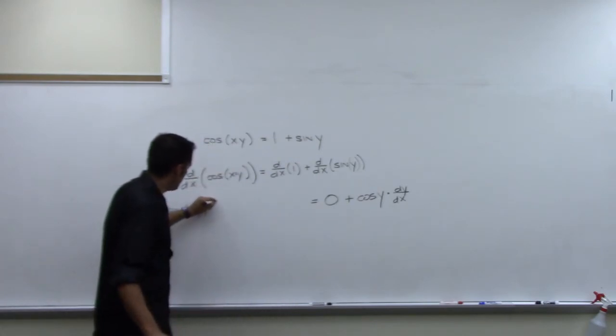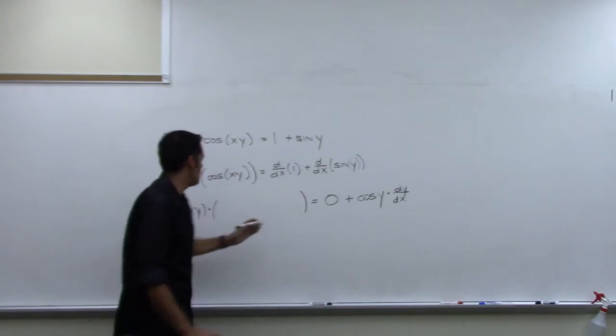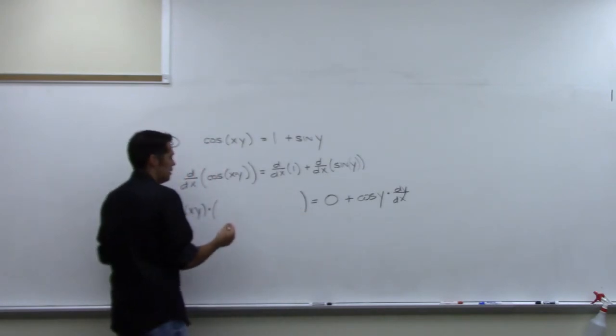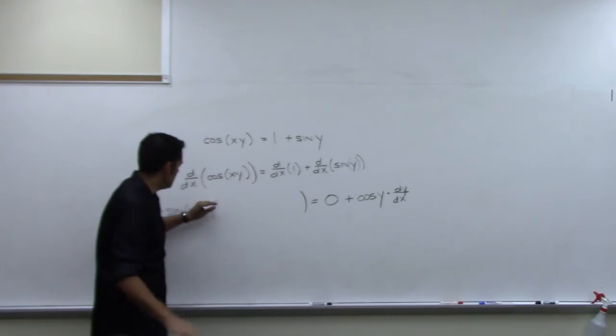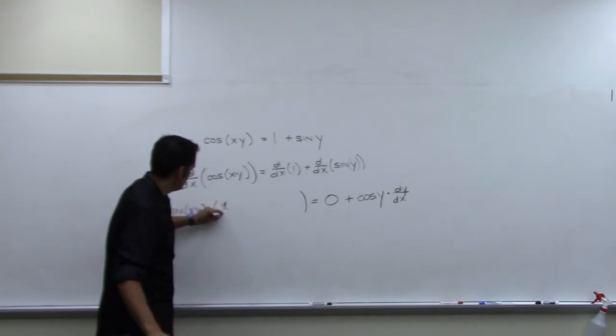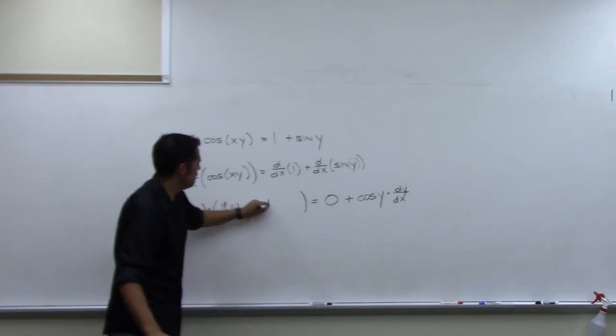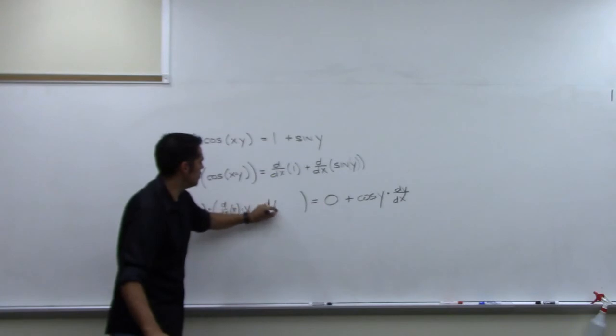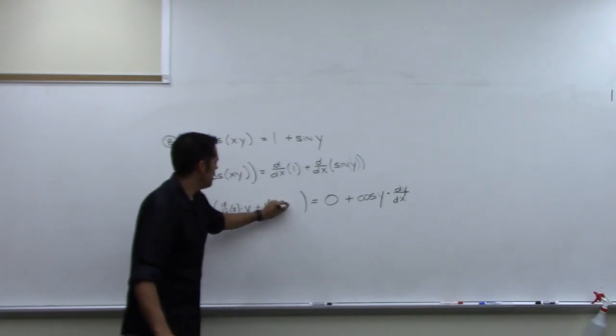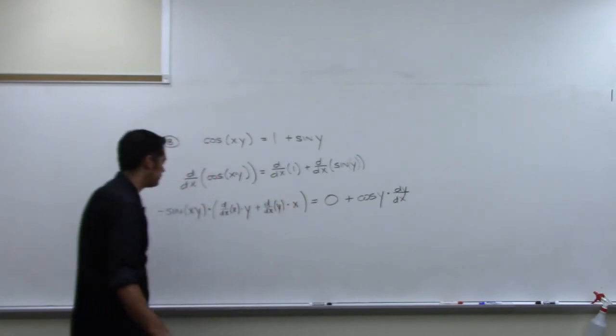So I'm going to set myself up for the product rule in parentheses. Doing the product rule, it's going to be the derivative with respect to x of x, that's the derivative of the first one, times the second one, plus the derivative of the second one, which is the derivative of y, times the first one.